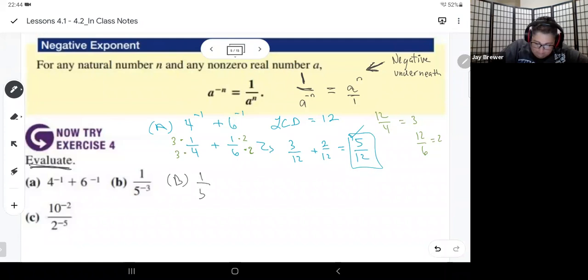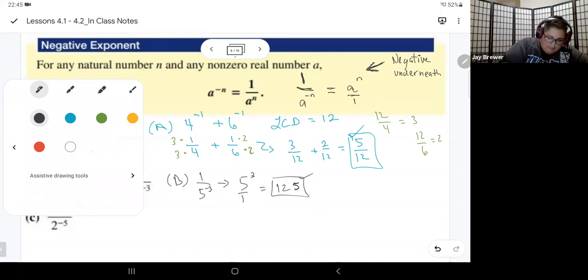So 1 over 5 to the negative 3, that's going to become 5 to the third. And that equals 125. 5 times 5 is 25. 25 times 5 is 125.